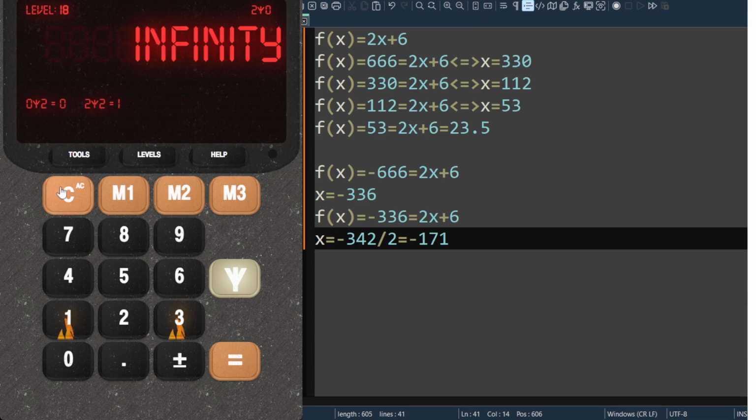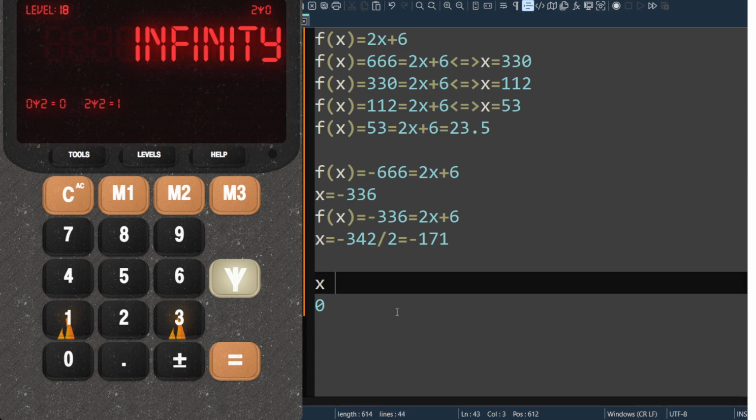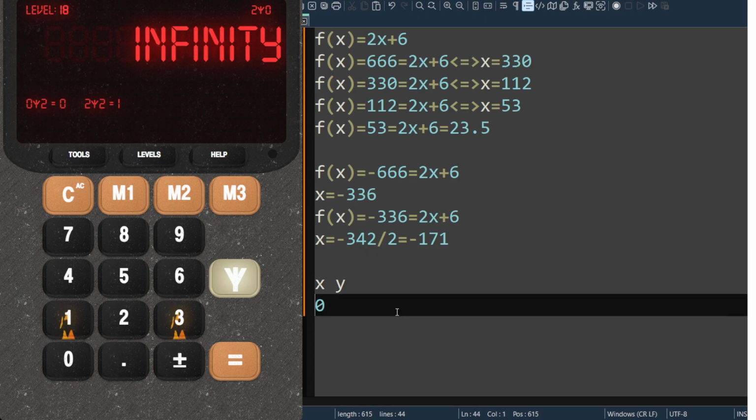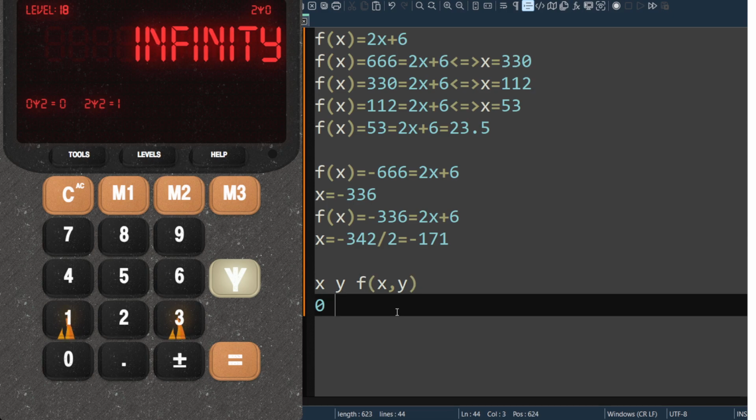And 0, 2 was 0. Okay. So we have x, y, and f of x, y. 0, 0 doesn't make any sense. Not defined.